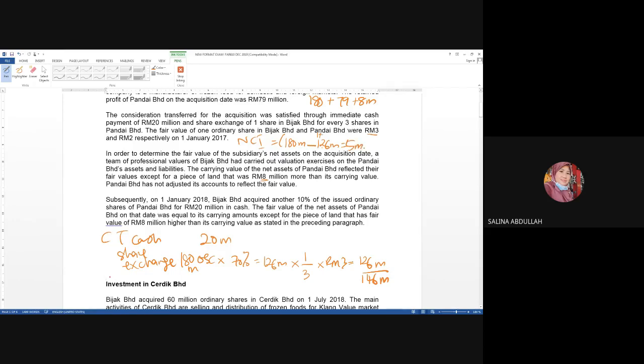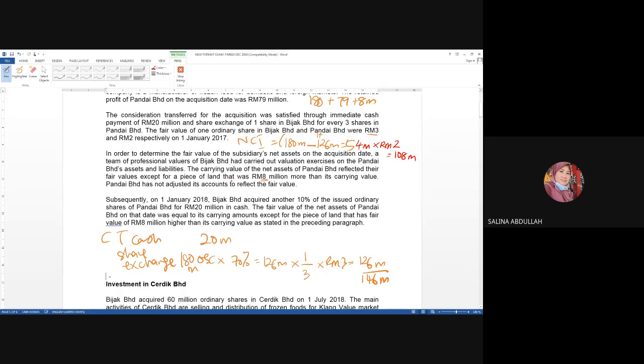So this is the amount that belongs to NCI, then you multiply with 2 ringgit. So you will get the NCI amount as 108 million. So this is the amount of NCI.